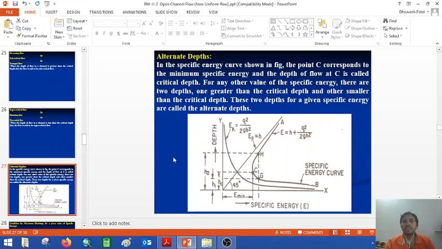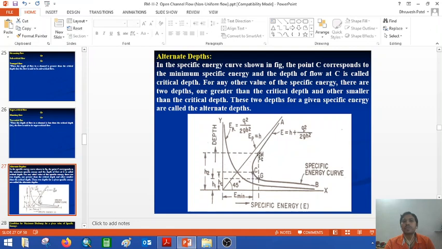And the next will be the alternate depth. So I said earlier that in every channel there will be two different depths where the specific energies are similar. So you see here that at the point G, it means the depth h1, and in a similar case the depth h2.